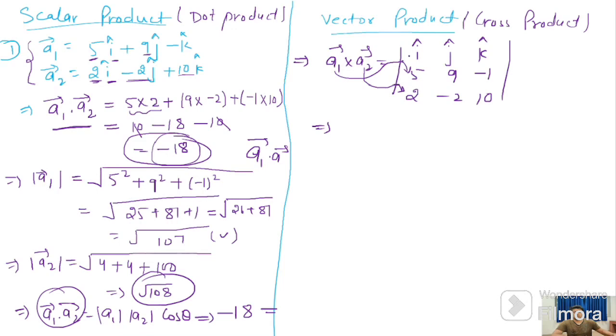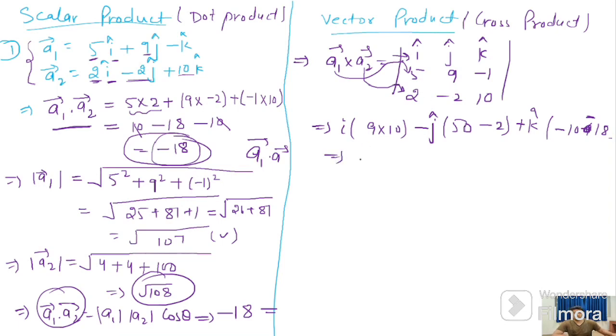Solving it, for i we get 9 into 10 minus, for j, 50 minus 2, plus, for k, minus 10 plus 18. Not plus, it will be minus 5 into minus 2 minus 9 into 2.